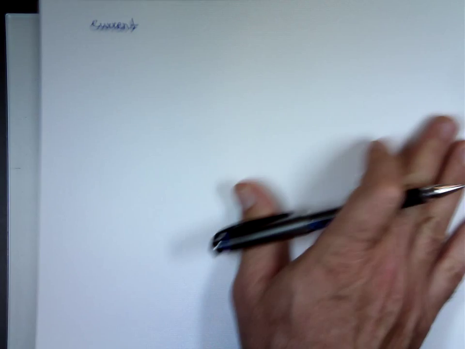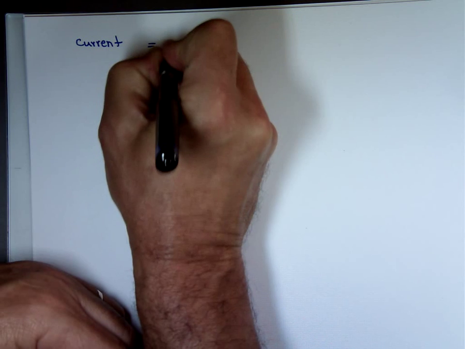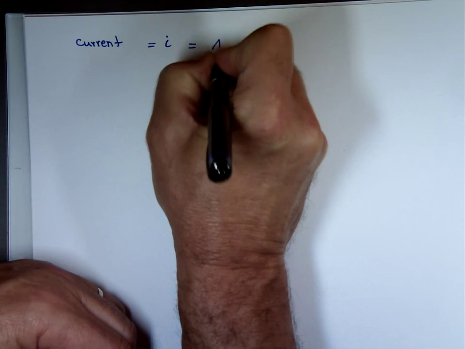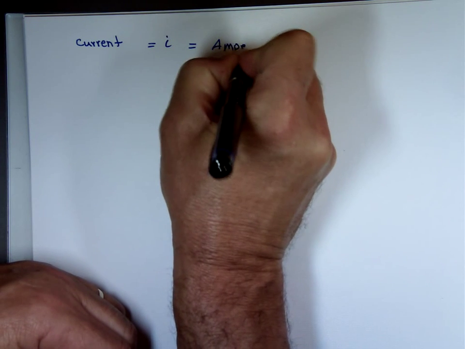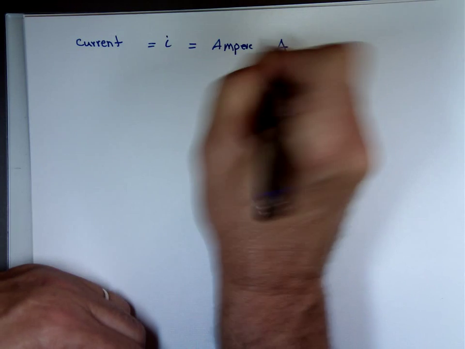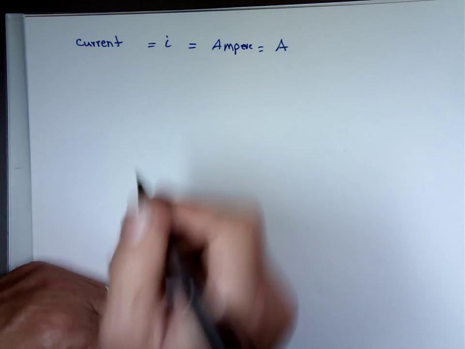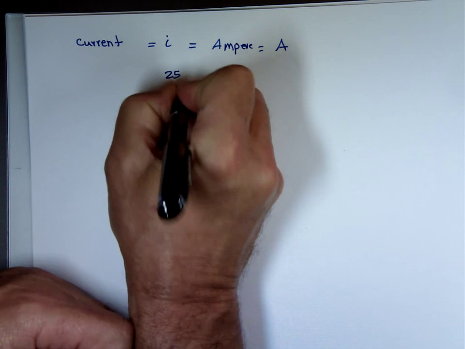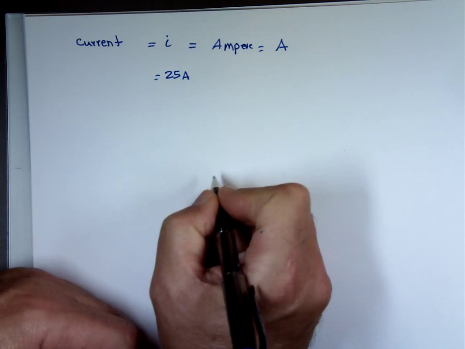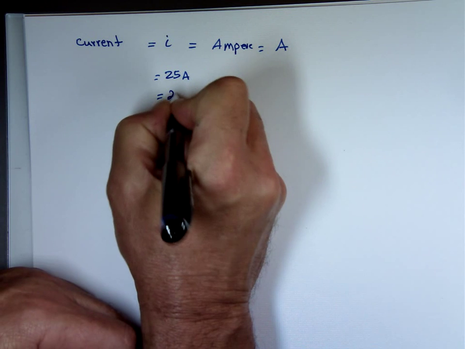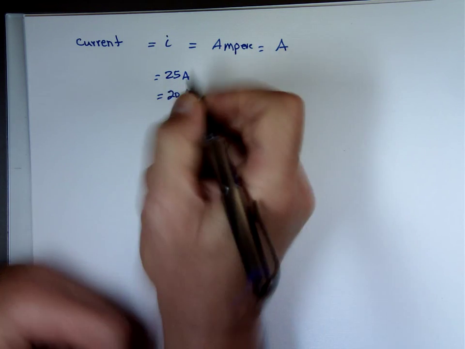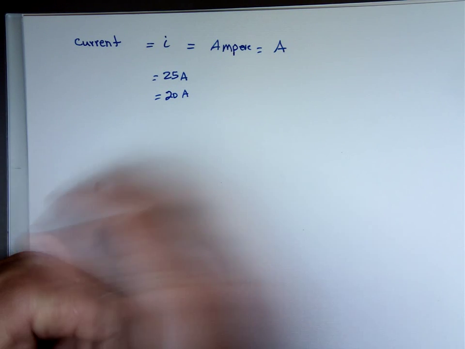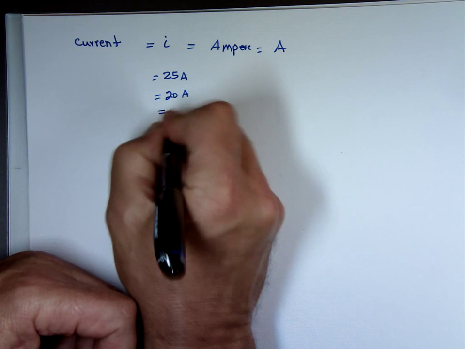Current. Now, current is defined, we use the letter I, by the way, for it. Amperes, for which we use the letter A. So this fuse on the circuit breaker is a 25 amp fuse, or this fuse is a 20 amp fuse, or this circuit breaker will trip once you exceed 15 amps.